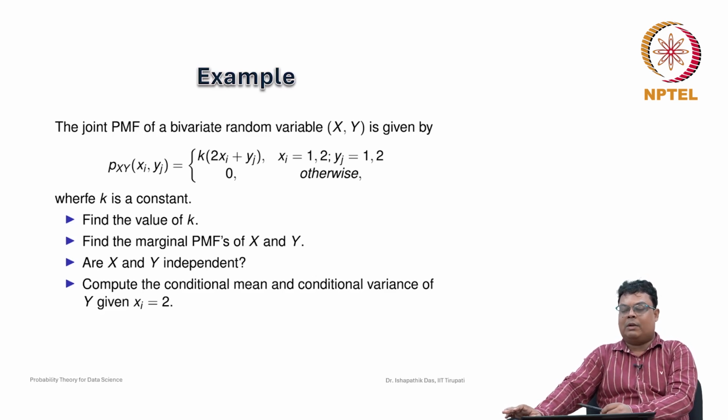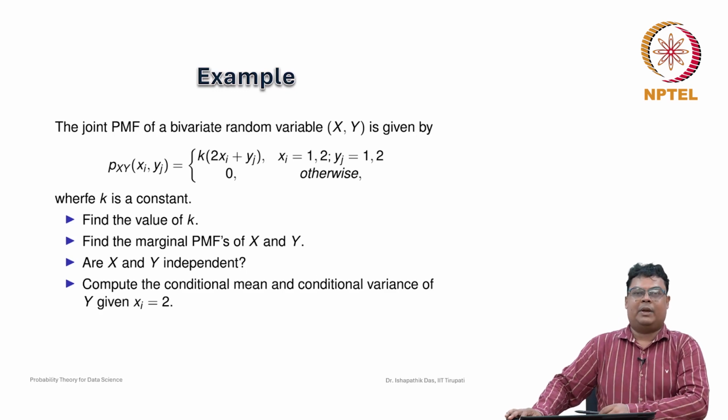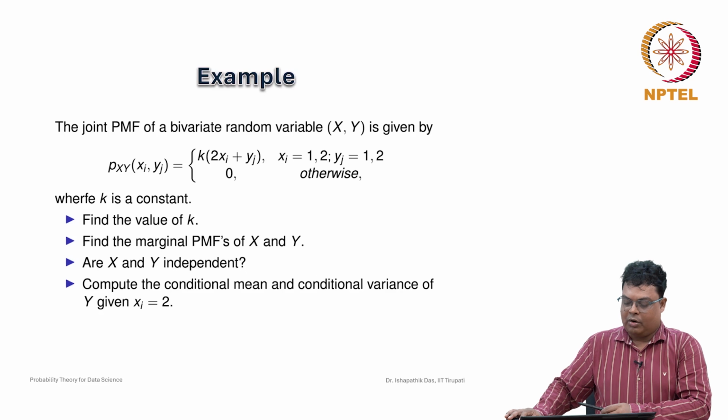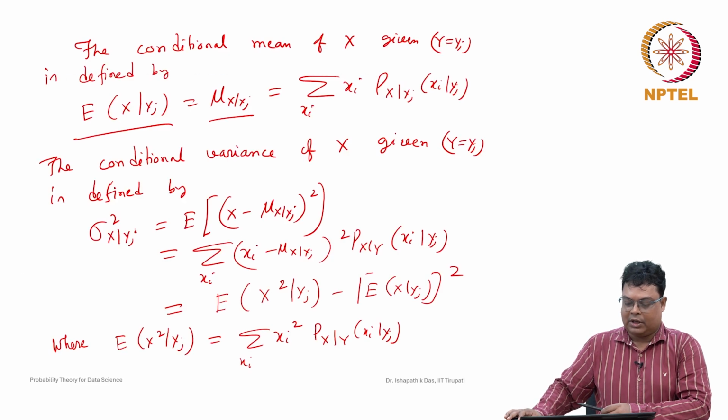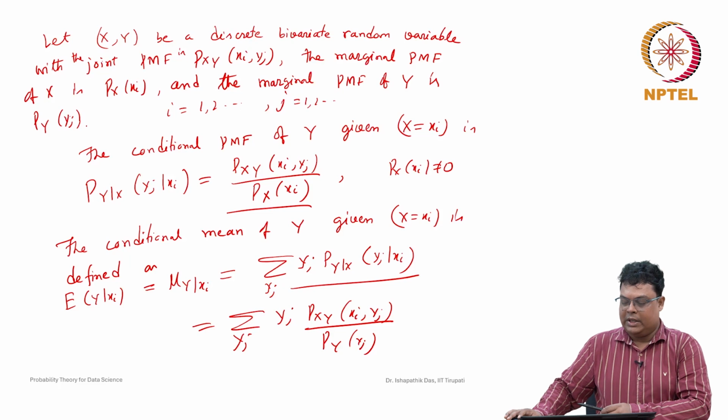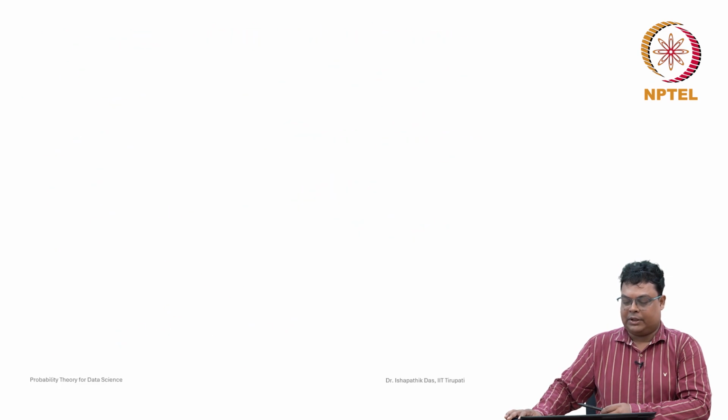Compute the conditional mean and conditional variance of Y given xi is equal to 2. So how can we find the conditional mean and conditional variance? We have already shown some of the formulas. For this we need the conditional probability mass function.